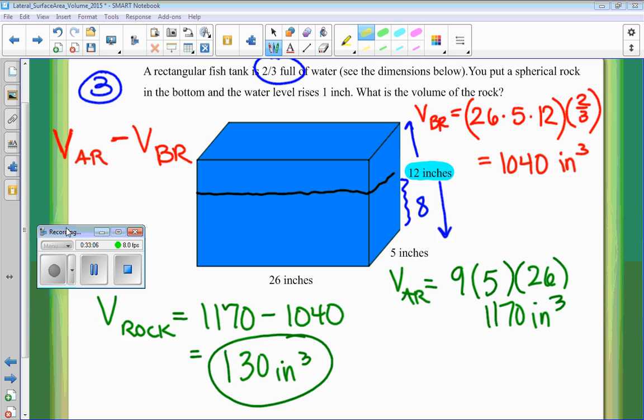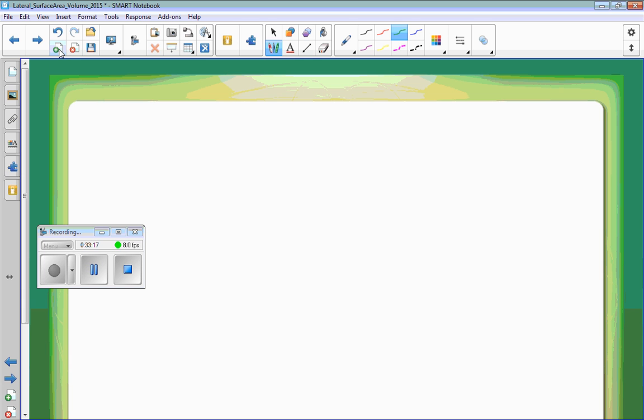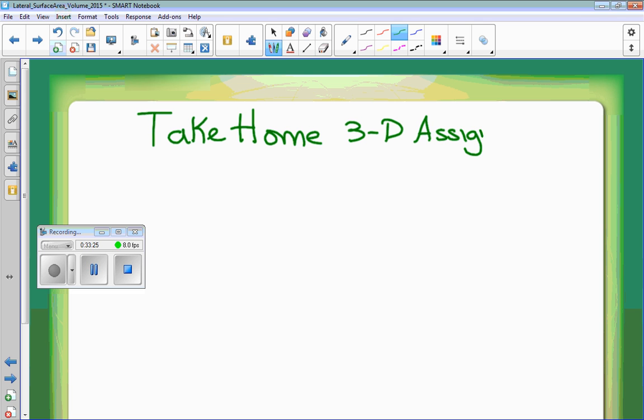Okay. All right, so let me go ahead and officially assign your 3D graded assignment. Rather than have a test that I'm going to give you, it's kind of like a take-home assignment. So in your packet, we're going to call it the take-home 3D assignment. It's going to be kind of scattered throughout, so for that I apologize.